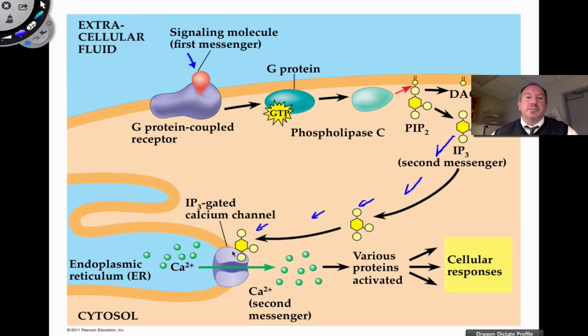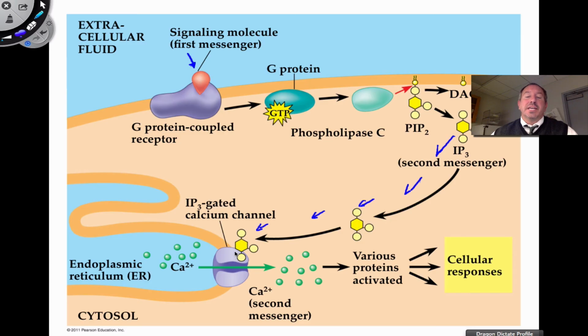It attaches to a protein on the endoplasmic reticulum membrane. Now, this particular ion gate is active, meaning that it can open and it can close.